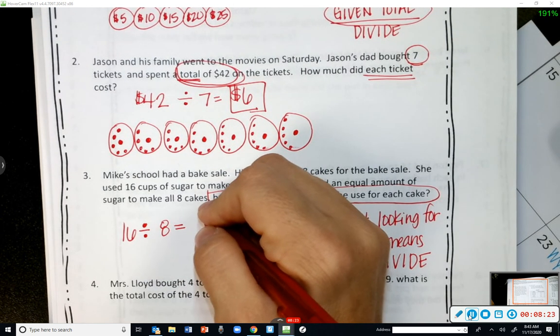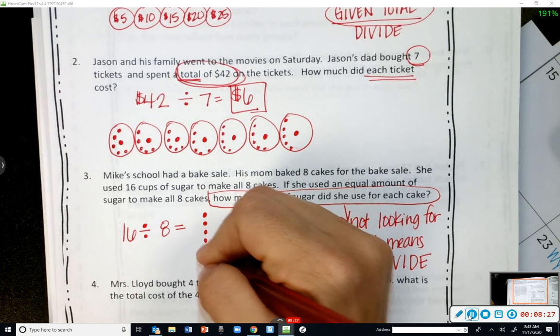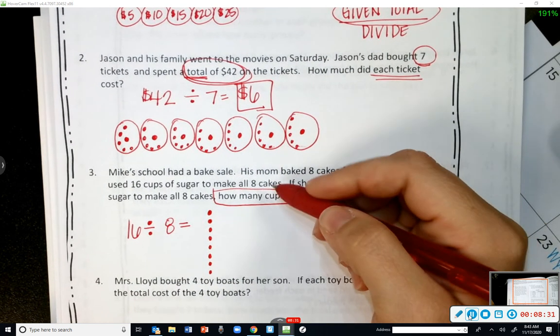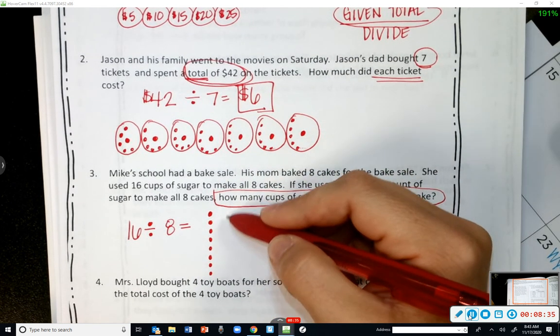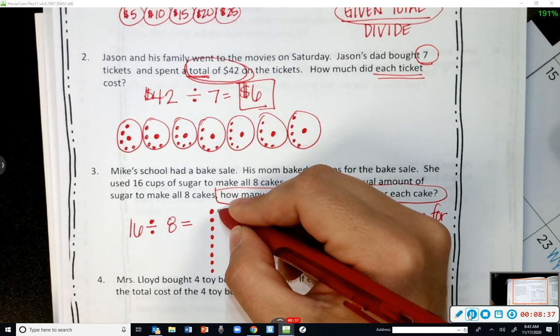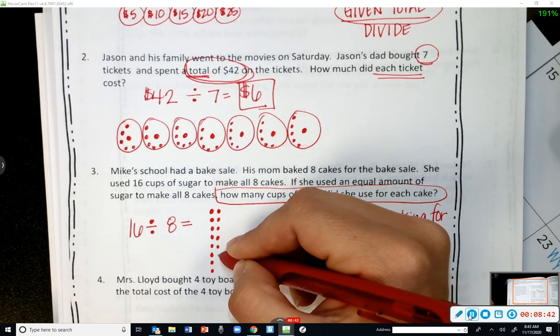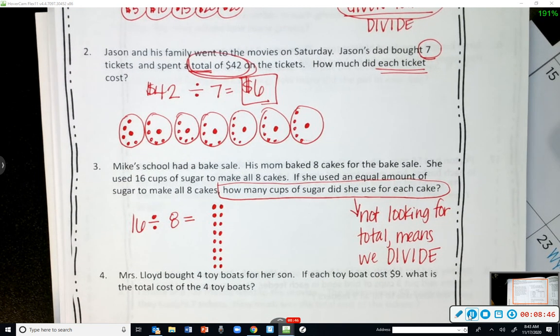You can count right. 1, 2, 3, 4, 5, 6, 7, 8. Now I need to make another column with 8. So there's 9, 10, 11, 12, 13, 14, 15, 16. Okay, now I can stop.